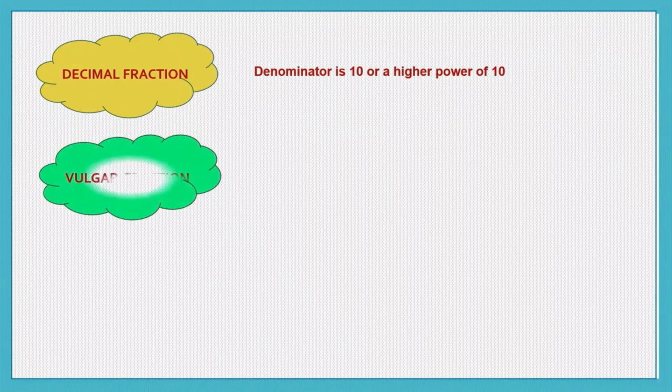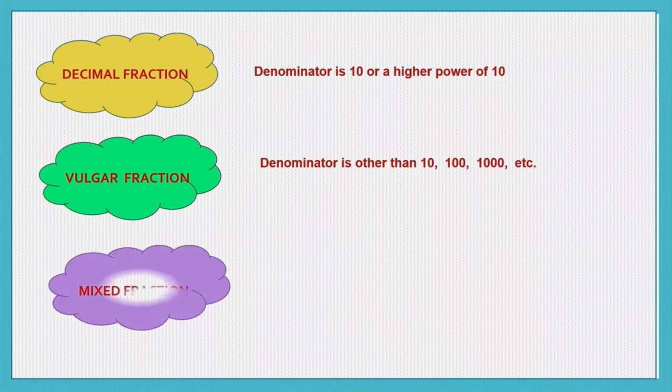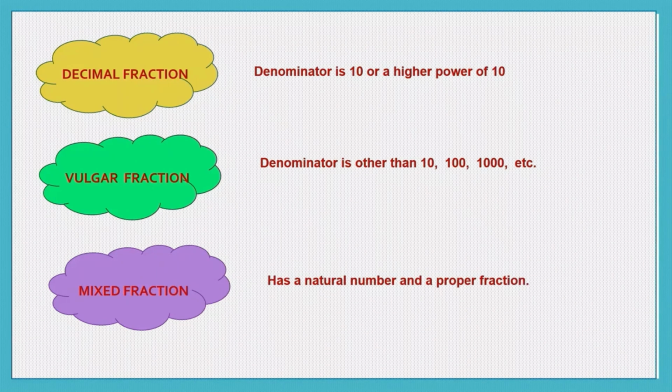Then, what is a vulgar fraction? Any fraction whose denominator is not 10 or a higher power of 10 is called a vulgar fraction. Denominator is other than 10, 100, 1000, etc. Then we have the mixed fraction. What is a mixed fraction? It has a natural number and a proper fraction.